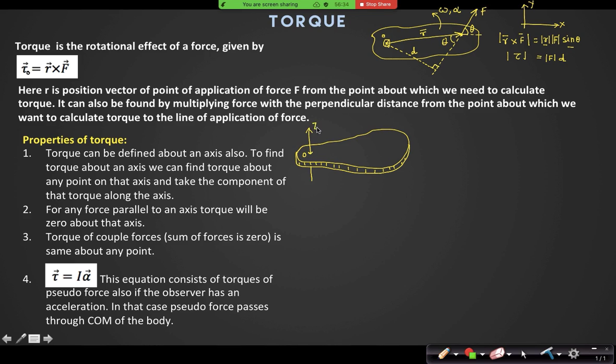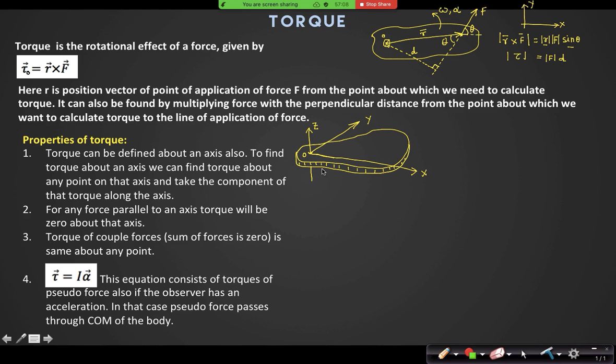Suppose the axis is the Z axis and the object lies in the XY plane. So what is O? O is the point of intersection of the axis with the body. The axis of rotation passes through O. O is not the center of mass, it can be any point.